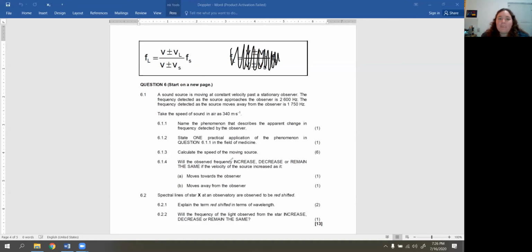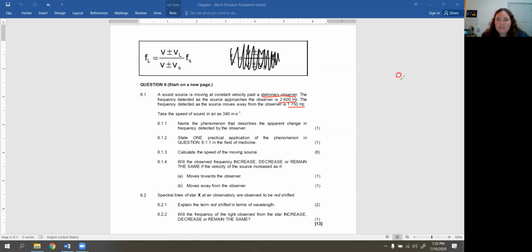All right, so question 6.1 says a sound source is moving at a constant velocity past a stationary observer. The frequency detected as the source approaches the observer is 2,600 hertz, and the frequency detected as the source moves away from the observer is 1,750.